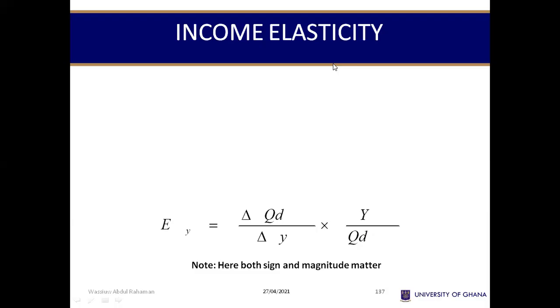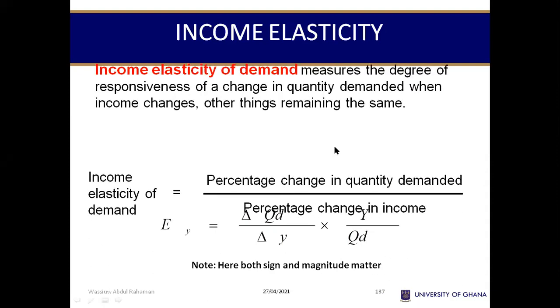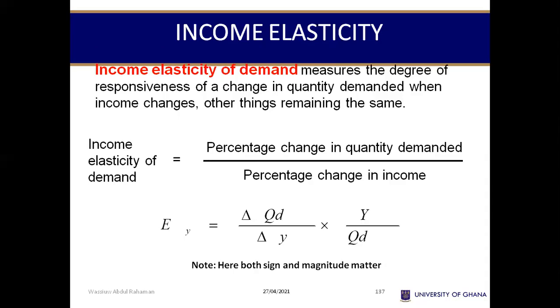It measures how quantity demanded responds to the change in income. So income elasticity of demand measures the degree of responsiveness of quantity demanded when income changes, other things remaining the same, right? So how is it measured?